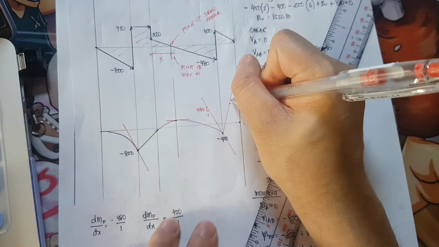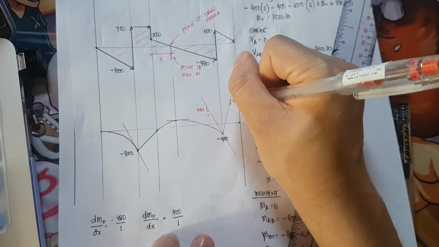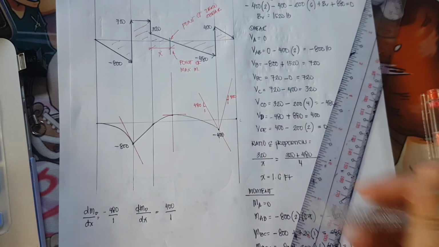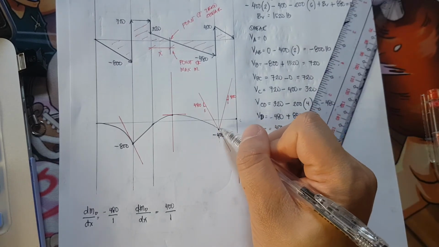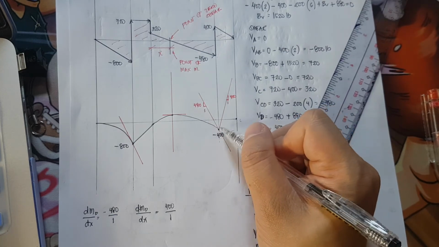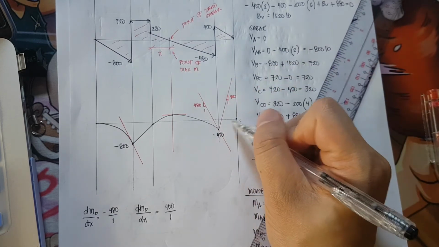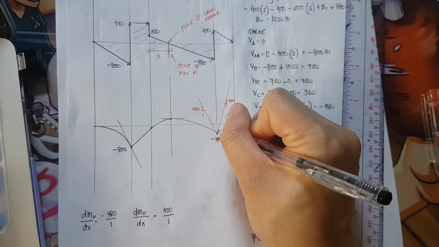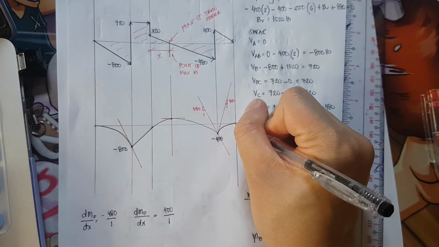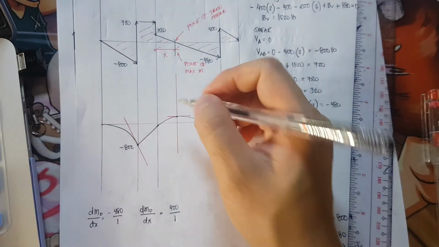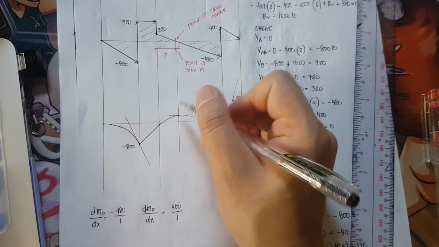So, that is 400 is to 1. So, to me, if I am to draw my curve like this, hindi natin mamimit yung point of tangency, or yung hindi natin masusunod yung slope sa point of tangency. So, ibig sabihin, my curve would look like this. It is concaving upwards.